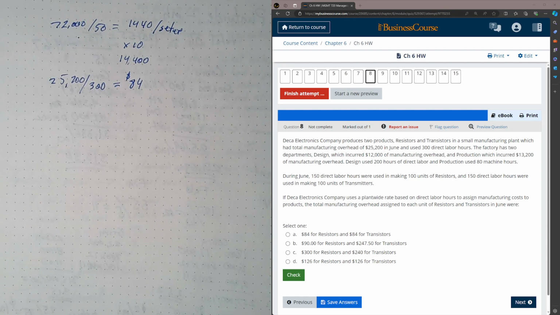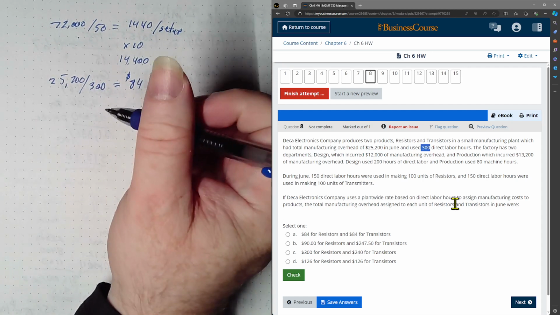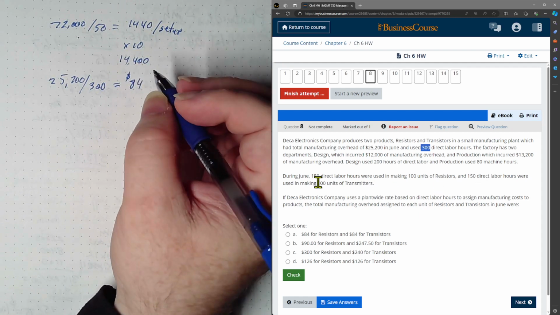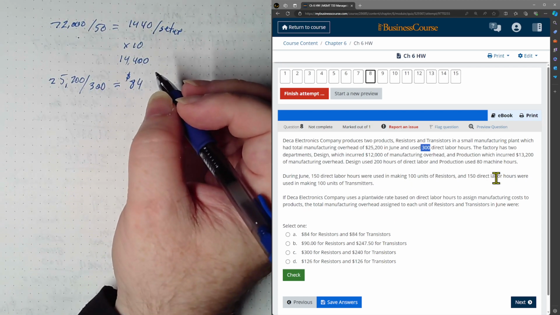So we have 25,200 divided by 300 direct labor hours, because direct labor hours is what we're doing. So it's $84 per direct labor hour. And it's kind of a strange question, but each of these uses 150 direct labor hours to make 100 units, and same for both of them.